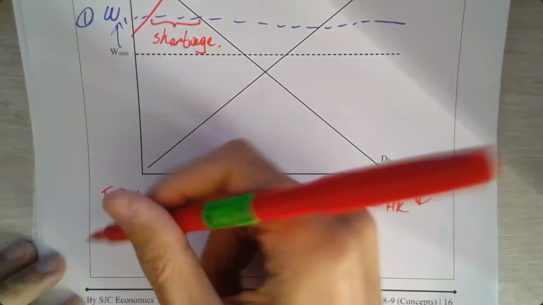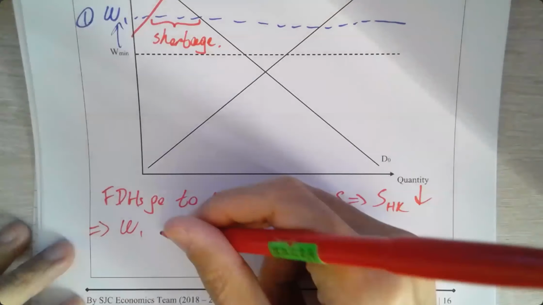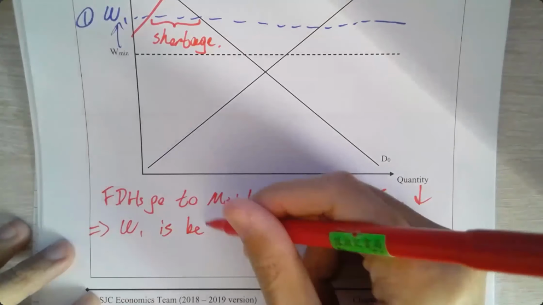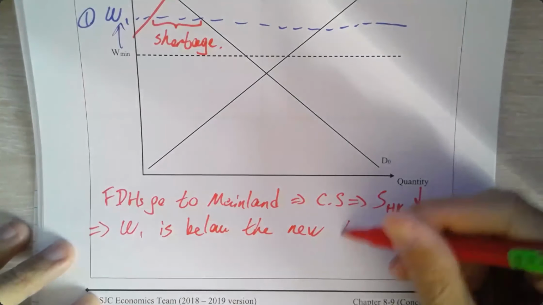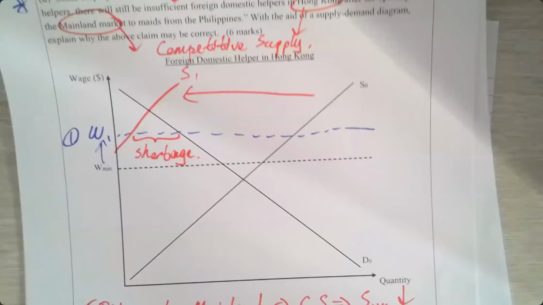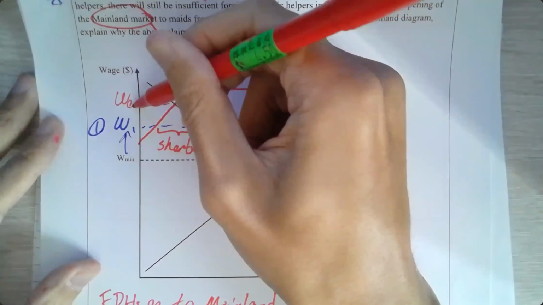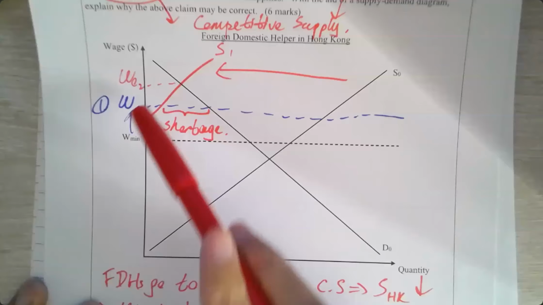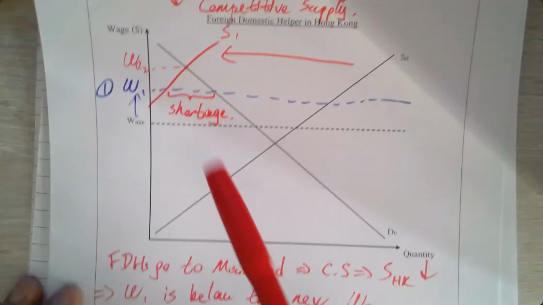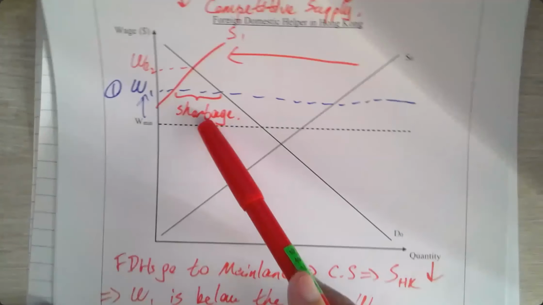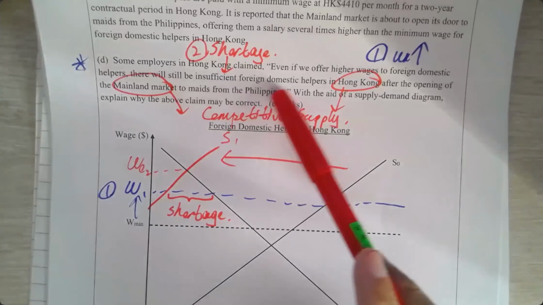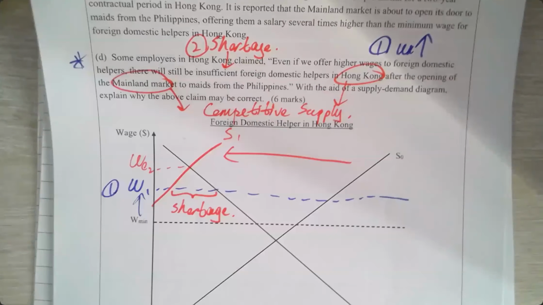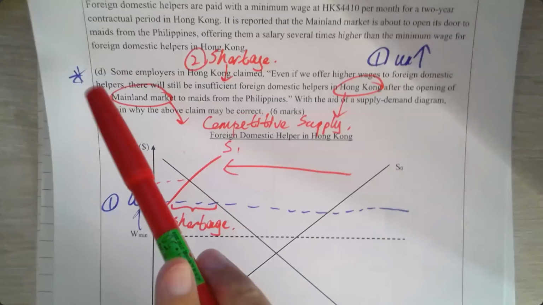If it drops so much that wage 1 is below the new equilibrium wage, which is here, WE2, you see it is still lower than the new equilibrium. If this is the case, then there will still be shortage, meaning Hong Kong people still have insufficient foreign domestic helpers. Now this one is a very difficult one.